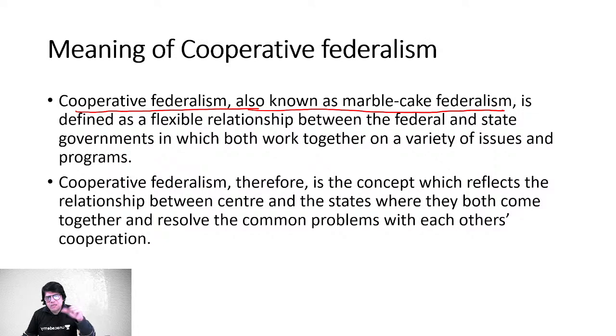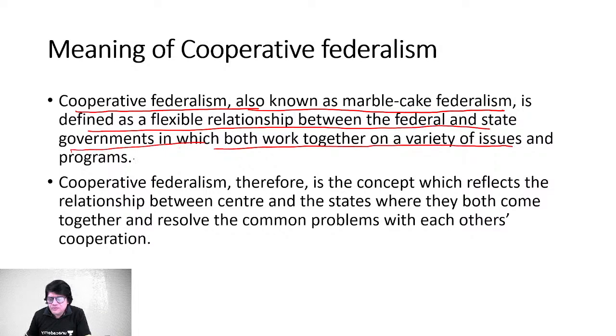The colors in the marble are spread out not only at the center but all around in the marble. So it is a kind of marble cake where it is defined as a flexible relationship between the federal and the state governments in which both work together on a variety of issues and programs.